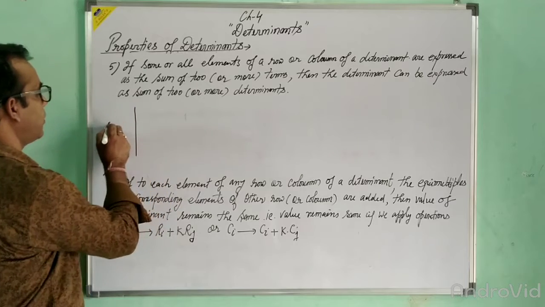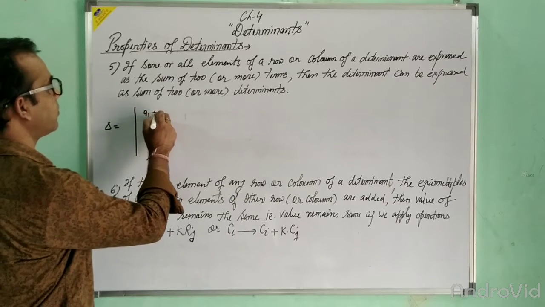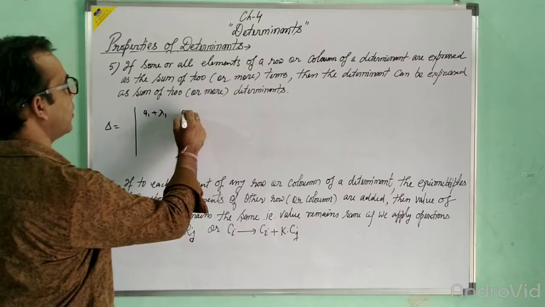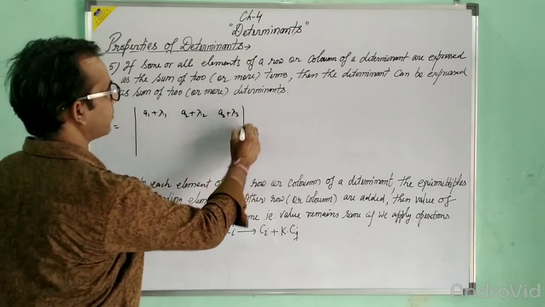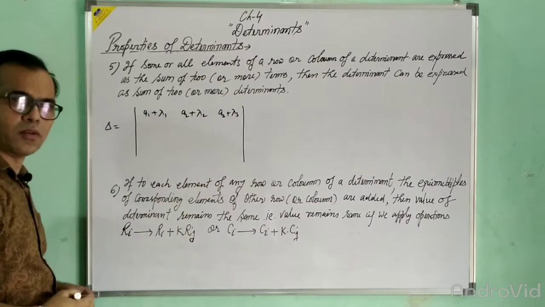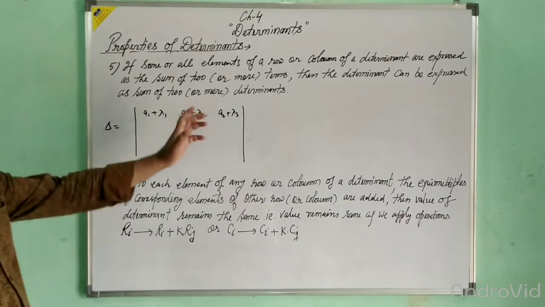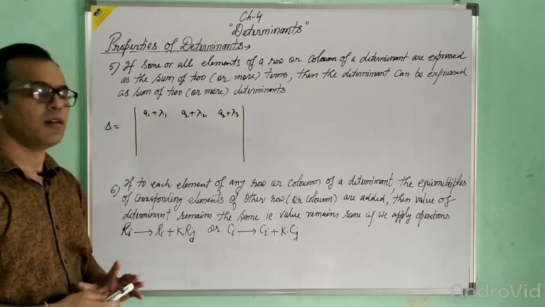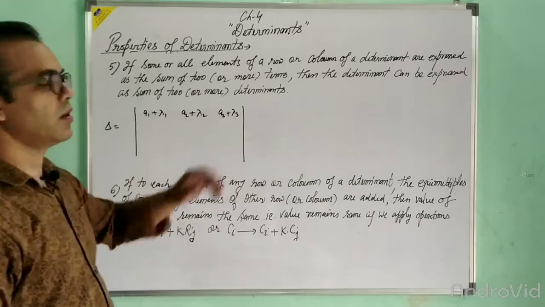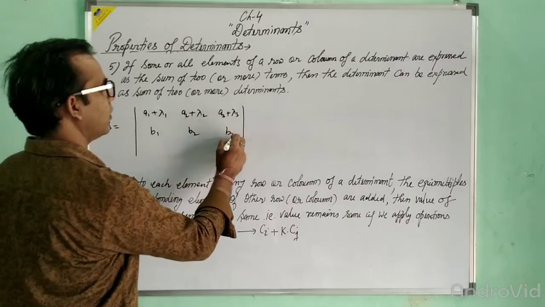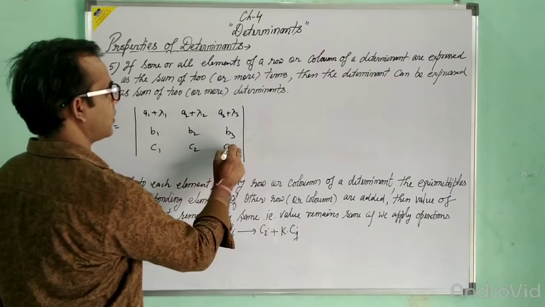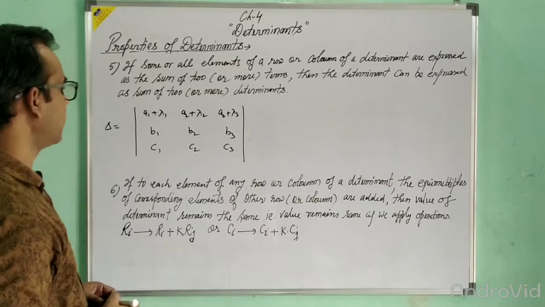Suppose we have a determinant with first row A1 plus lambda 1, A2 plus lambda 2, A3 plus lambda 3. Means in the first row all the elements A1, A2 and A3 have been added by the other terms lambda 1, lambda 2 and lambda 3, and here B1, B2, B3 and C1, C2, C3 are, suppose, the other elements of the determinant.